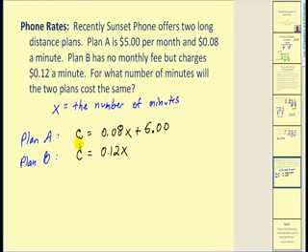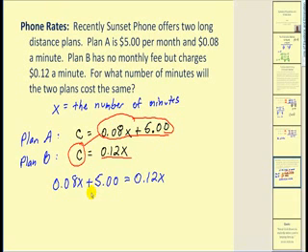So we want to know when these 2 C's will be equal, and that will occur when 0.08x plus 5 is equal to 0.12x. So what we're really doing is we're performing substitution. We'll take this expression and sub it in for this C, or vice versa. The result would be 0.08x plus 5.00 is equal to 0.12x.